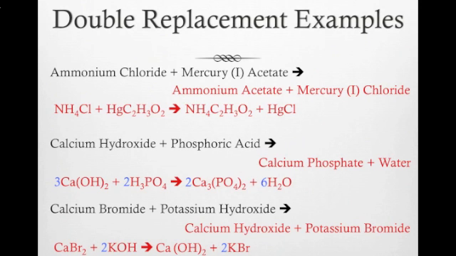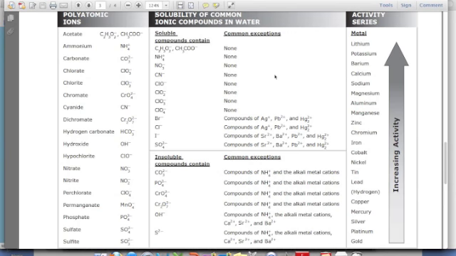Okay, so in our first one, the products that we had were ammonium acetate and mercury(I) chloride. If we look on our solubility table, we find mercury chloride and we find ammonium acetate, but it's not actually going to show that. So if we look right here at the top, compounds that contain, for instance, acetate: since there's no exception, anything with acetate is soluble.